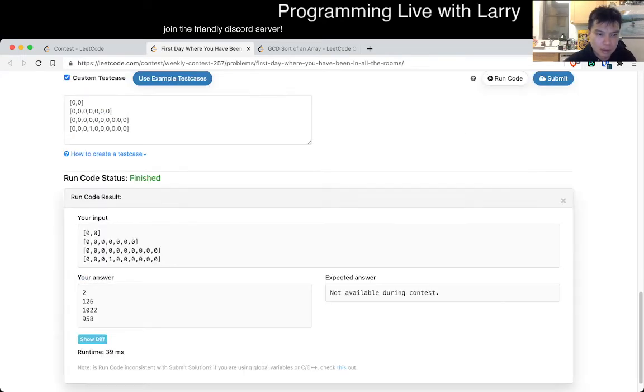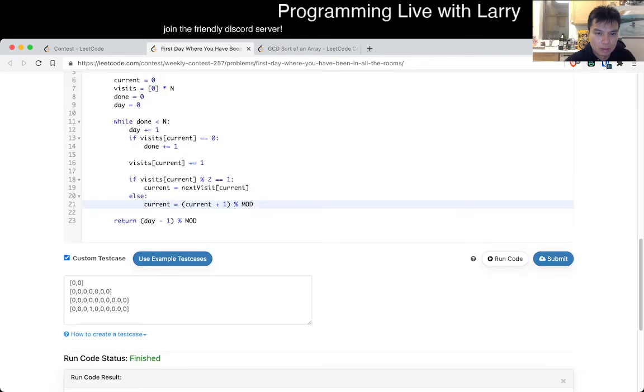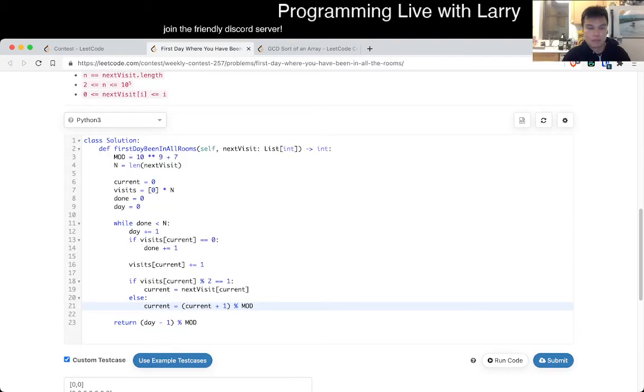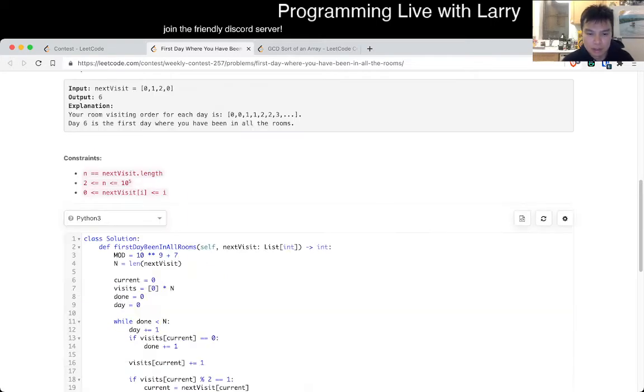so basically it goes from 0, 1. And when we visit it again, it basically, how do I solve this actually?